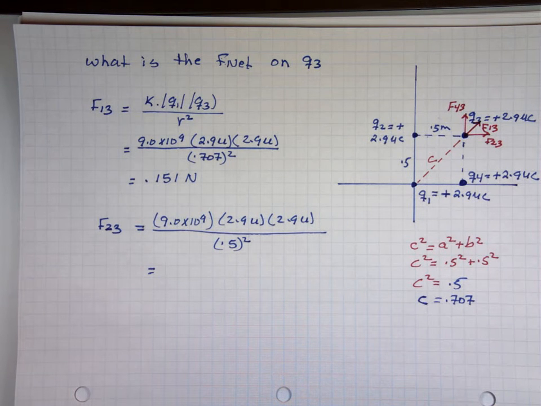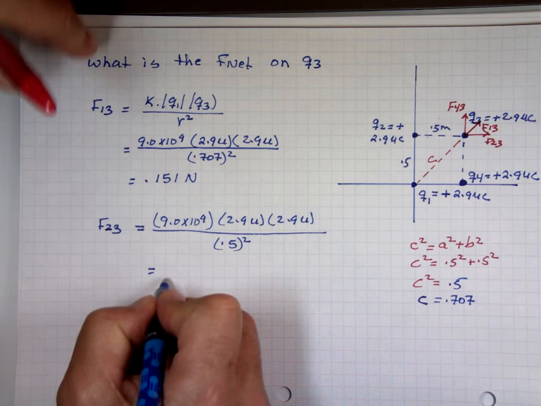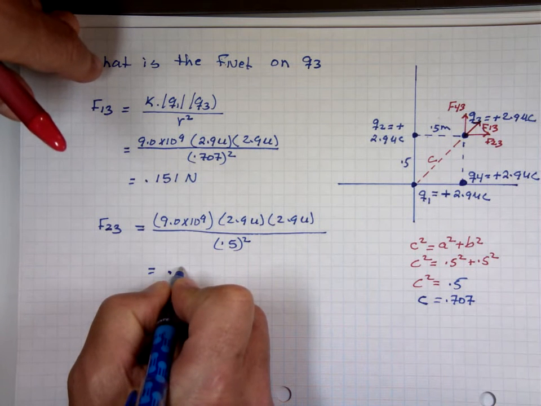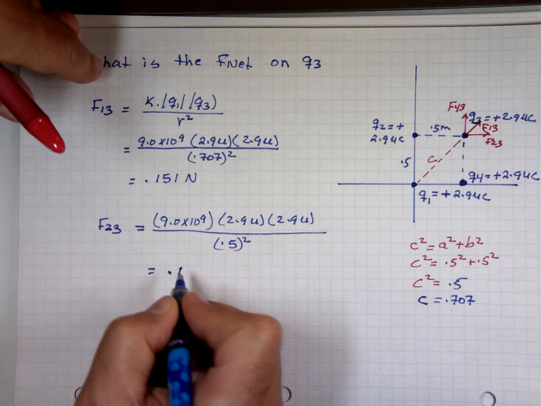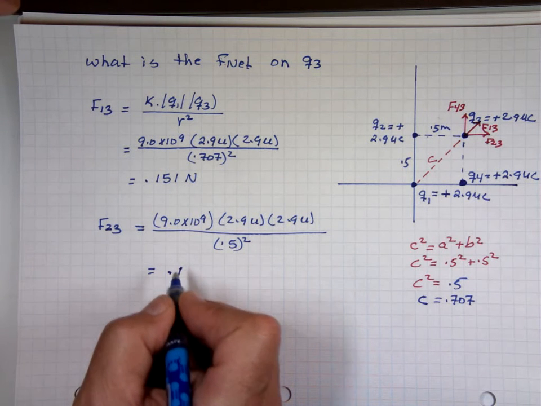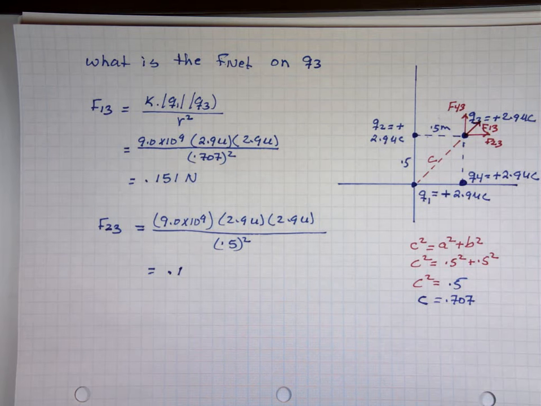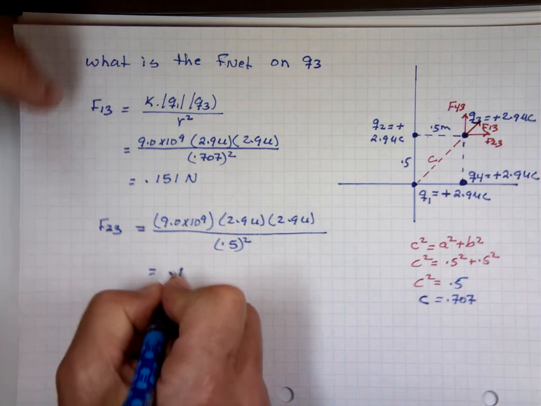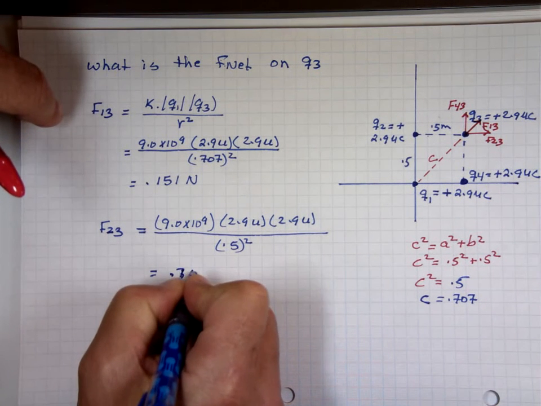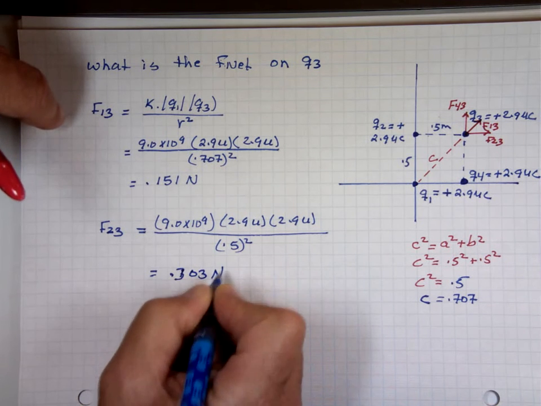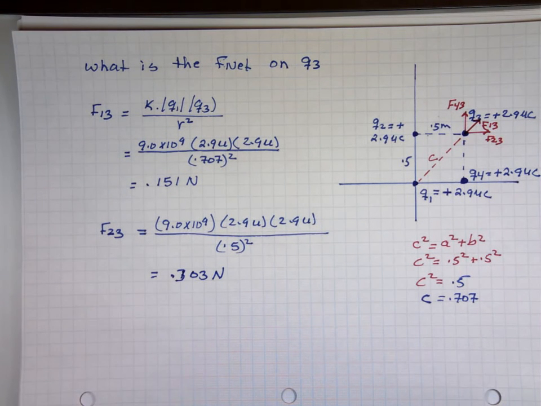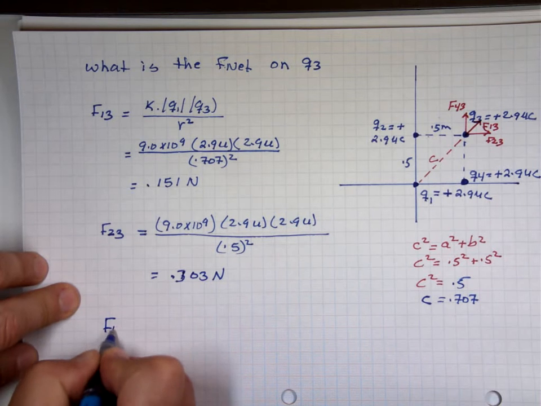And I got... that's not right. Is it 0.30? 0.303, I think. And what's F4 on 3? That's going to be the same as this.